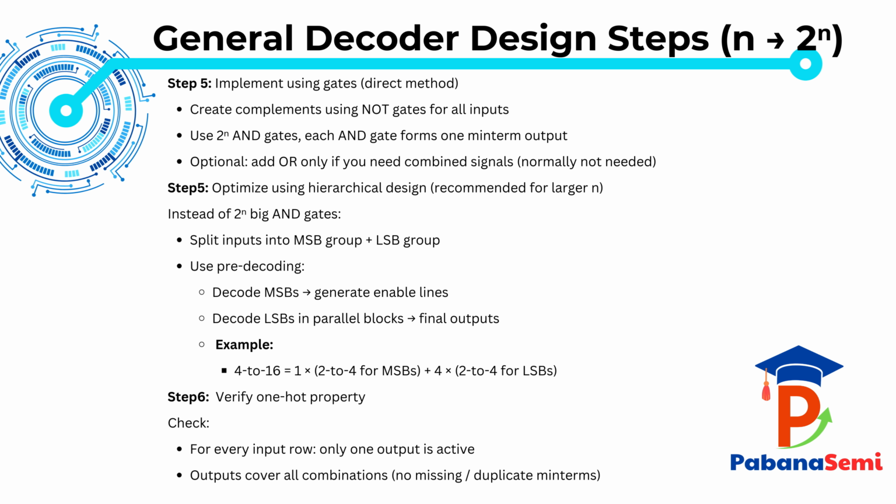For example, a 4 to 16 decoder can be built as 1 2 to 4 decoder for the MSBs and 4 2 to 4 decoders for the LSBs. Finally, Step 6 is verification. Check the one-hot property. We confirm that for every input combination, only one output is active, and that the outputs cover all combinations with no missing or duplicate minterms.